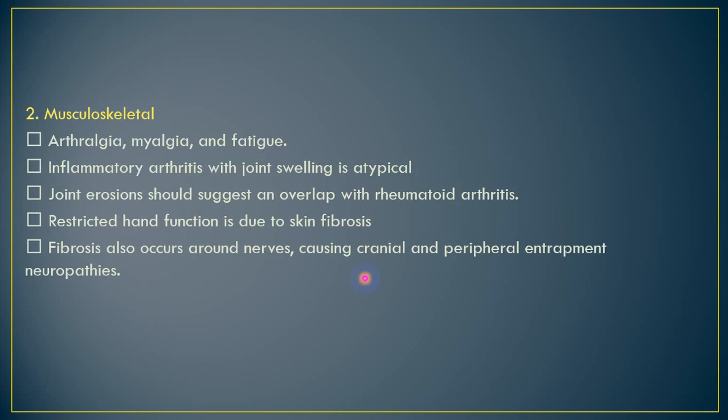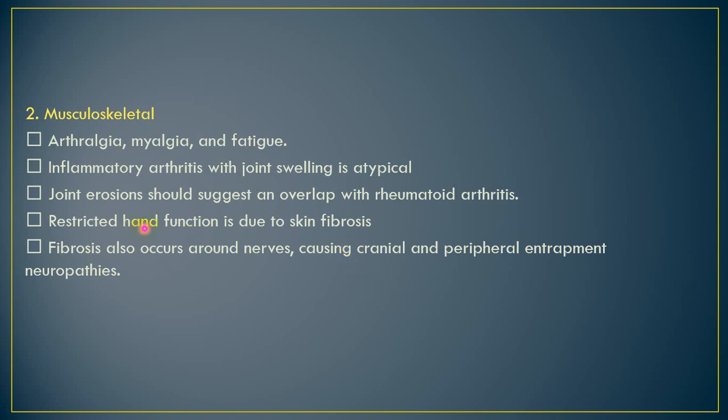The next most common system to be involved is the musculoskeletal system, where patients usually complain of arthralgia, mainly myalgia, fatigue, and non-specific symptoms. But true arthritis, with swelling and hotness, is not a typical feature of systemic sclerosis. Likewise, joint erosion should suggest an alternative diagnosis.